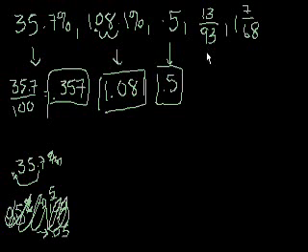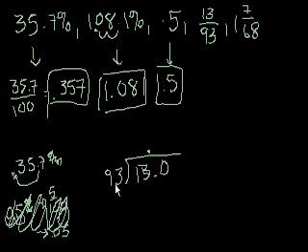Now, 13 over 93. To convert a fraction into a decimal, we just take the denominator and divide it into the numerator. So let's do that. 93 goes into 13. Well, we know it goes into 13 0 times, right? So let's add a decimal point here. So how many times does 93 go into 130?